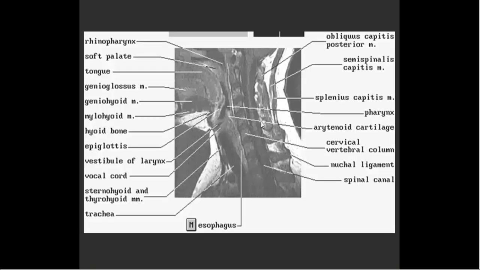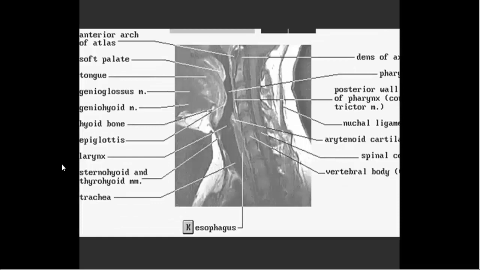This is a sagittal view of the neck demonstrating the anatomy of the larynx. This is the pharynx, and sternohyoid and thyrohyoid muscles, as we see. This is the larynx airway. This is arytenoid cartilage, this is epiglottis. This hyoid bone is our landmark for the start of the larynx.